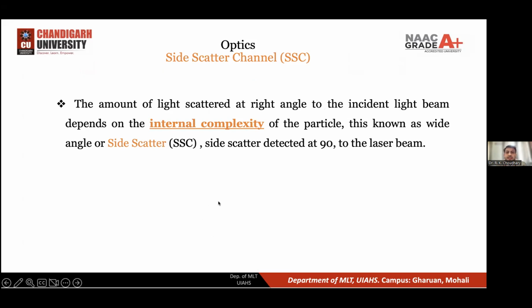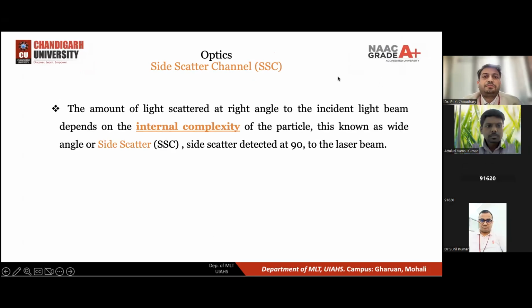The amount of light scattered at right angle to the incident light beam depends on the internal complexity of the particles. The side scatter is detected at 90 degrees to the laser beam. Why is side scattering important in cells? Because when the light passes through the side, you can see the cellular structure very easily. So the side scatter channels are important.